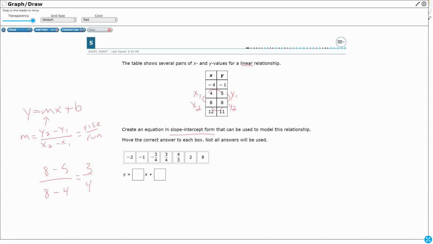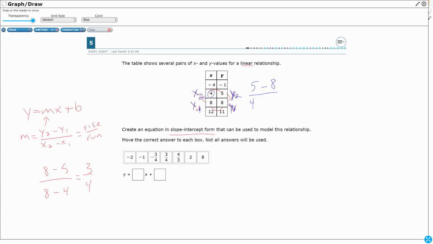If I had flipped these, right, and I said I wanted this to be my x sub 2 or my y sub 2 and my y sub 1 and my x sub 1, I'd still get the same answer. Watch this. My y sub 2 is 5 minus my y sub 1 is 8, so that's going to give me a -3, but that's fine because take a look what's happening in my denominator.